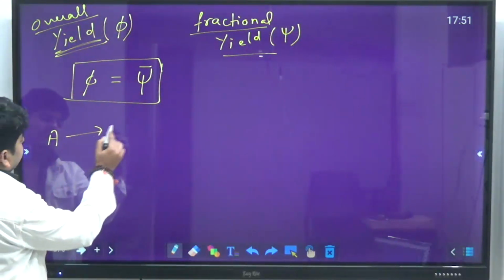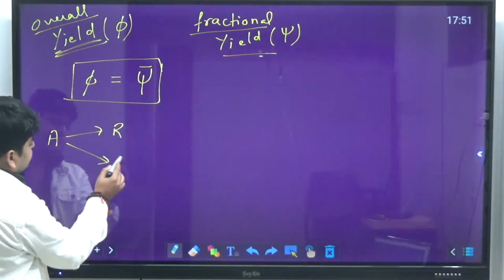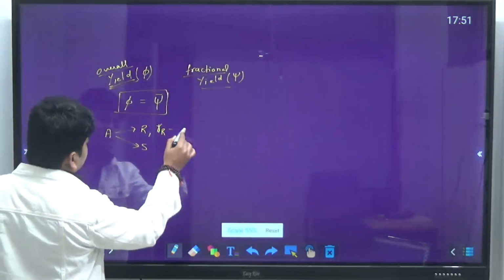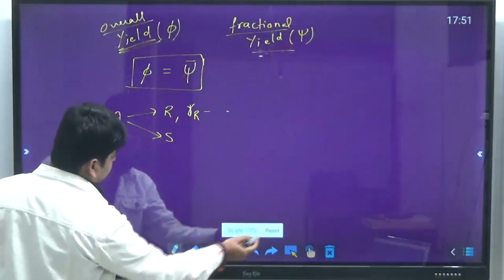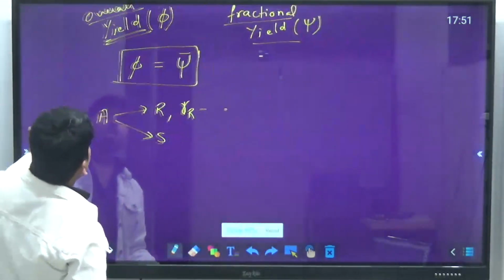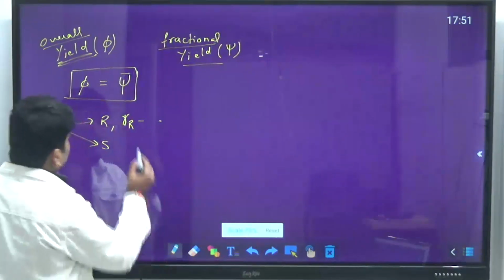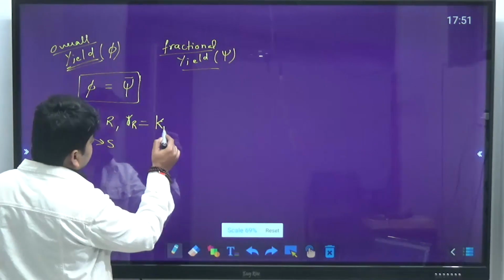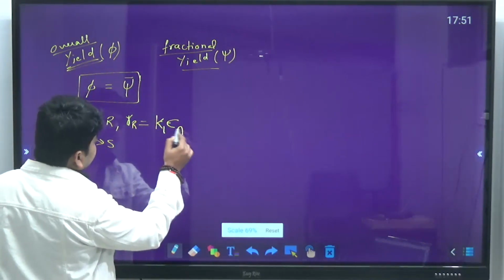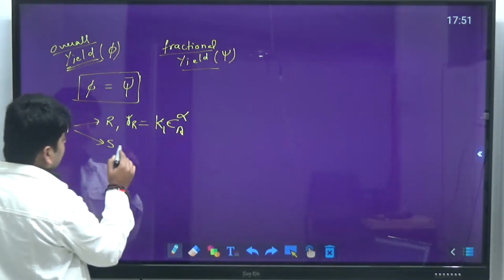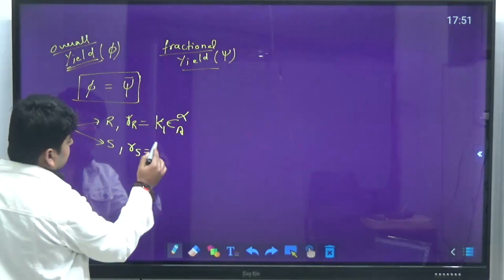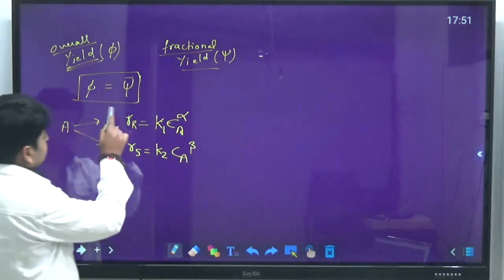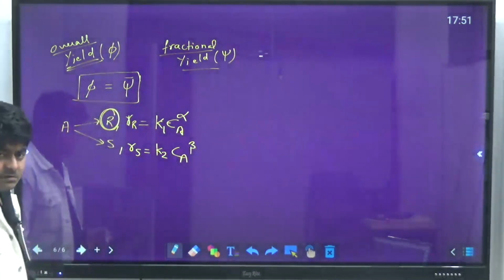Suppose I have a reaction A gives R, A gives S, where RR is equal to K1 Ca power alpha, and Rs is equal to K2 Ca power beta. Suppose R is the desired product.